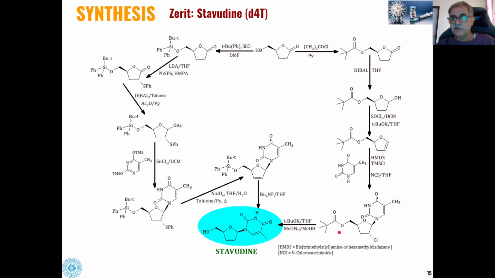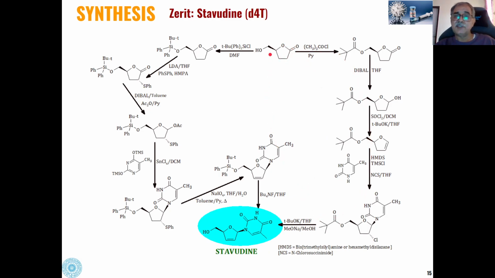Then under strong base, potassium tertiary butoxide in THF, dehydrohalogenation will take place to give you this carbon-carbon double bond, and sodium methoxide in methanol will hydrolyze this ester to this alcohol. So this is how stavudine will be formed through this method.